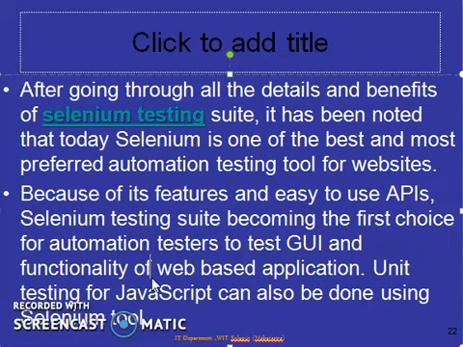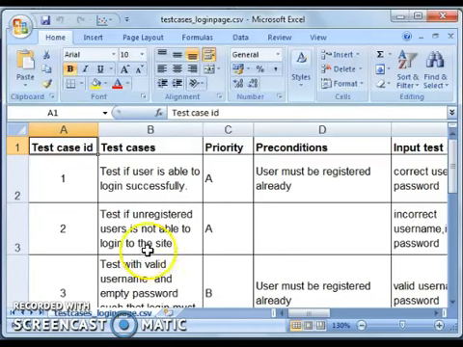Next, before starting in detail about the Selenium test suite, we'll discuss an example of how to write a test case. We see the example: the test case for the login page.